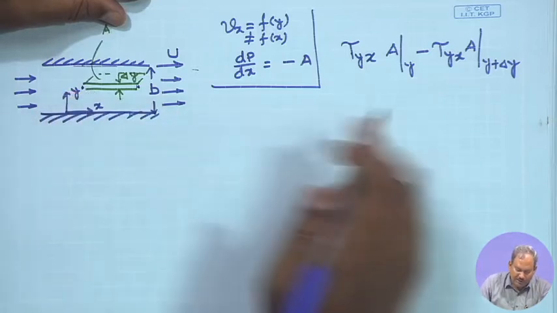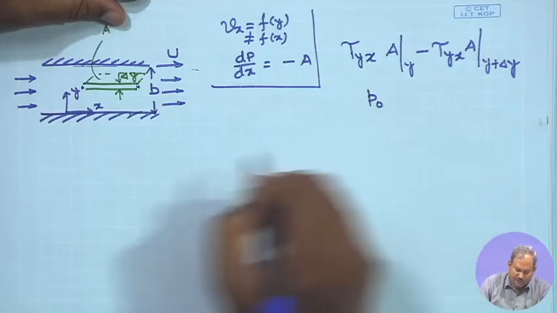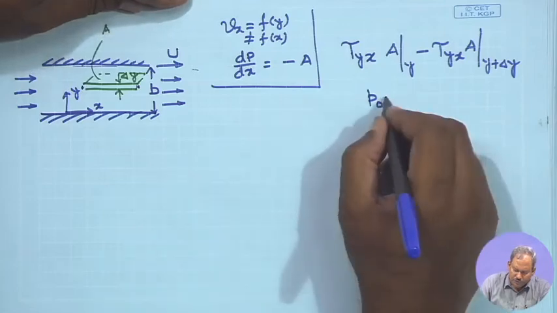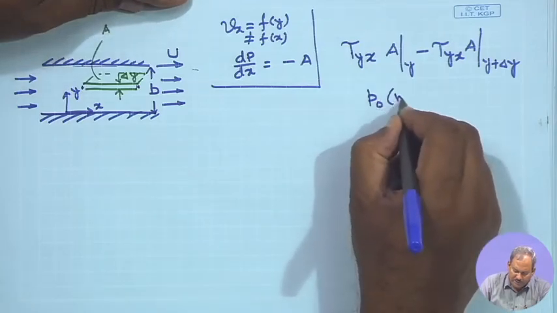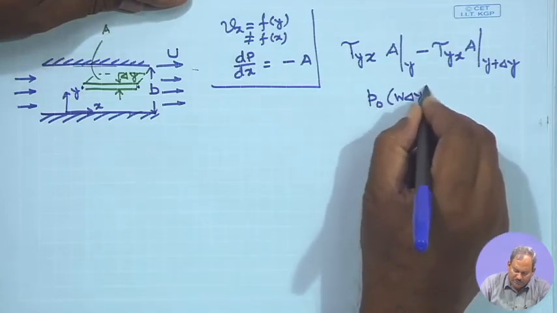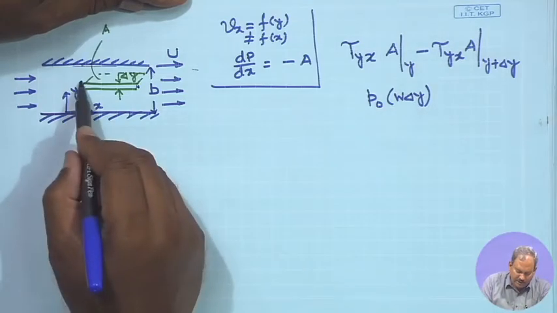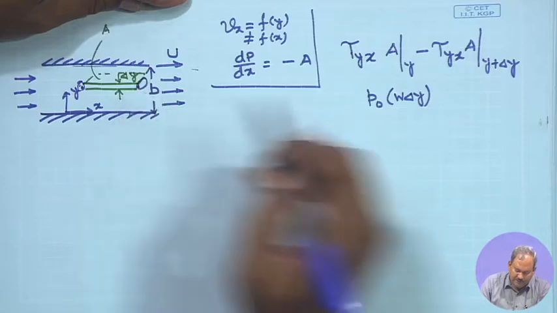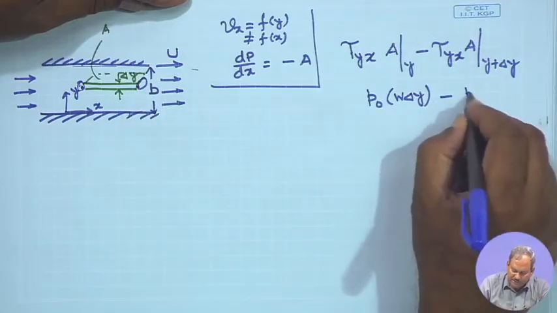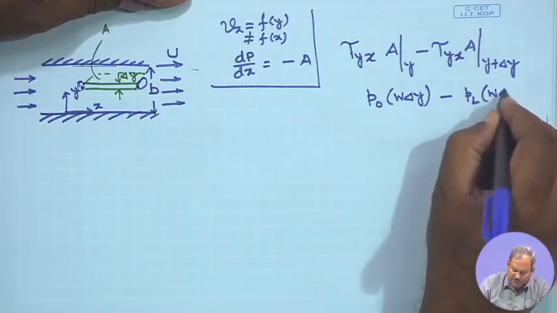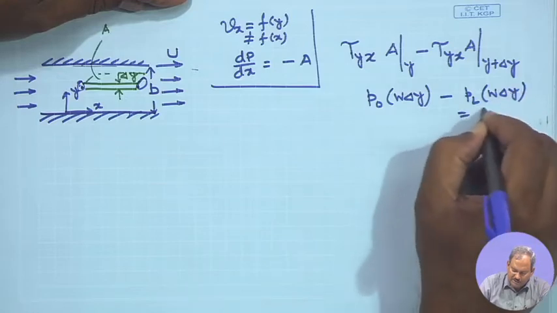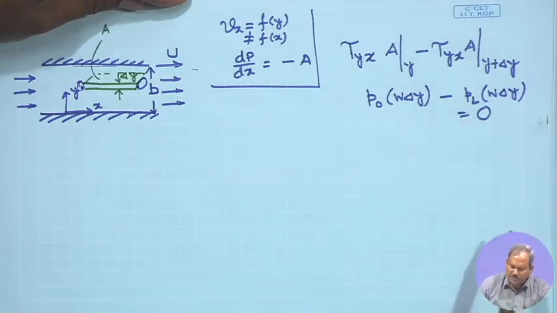So, the pressure at, let us say, this point is P0, which is acting on an area with W and thickness delta y. So, that is the pressure acting over this surface, and the pressure acting over this surface is minus PL times W delta y, and at steady state the sum of all this must be equal to 0.